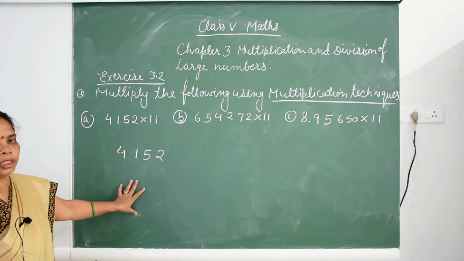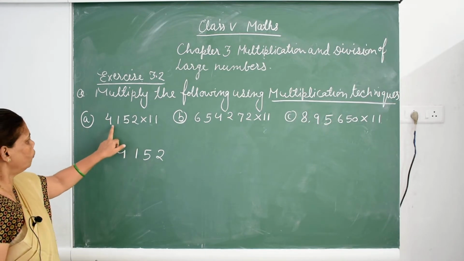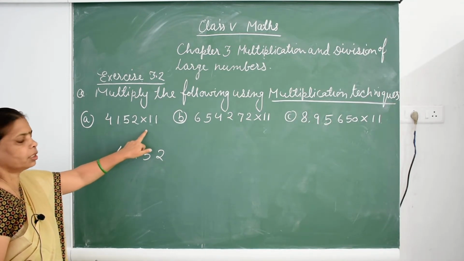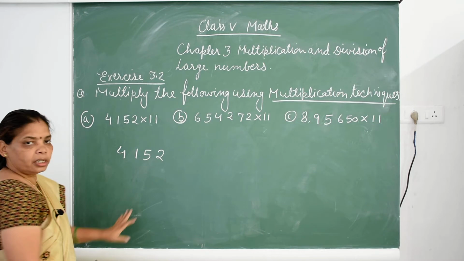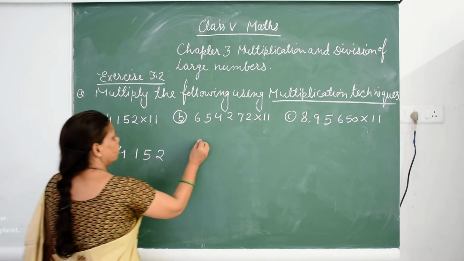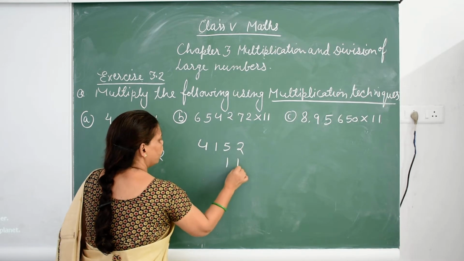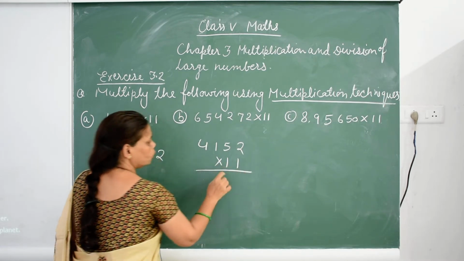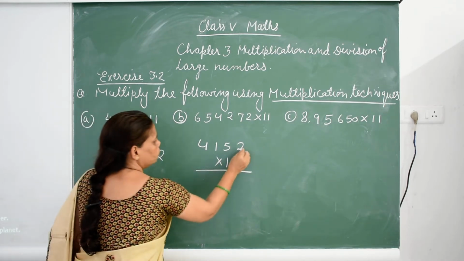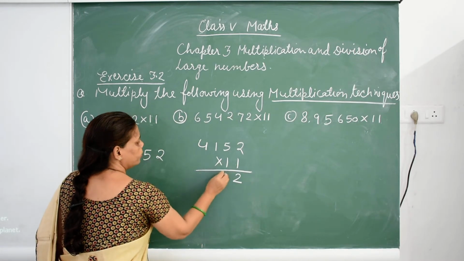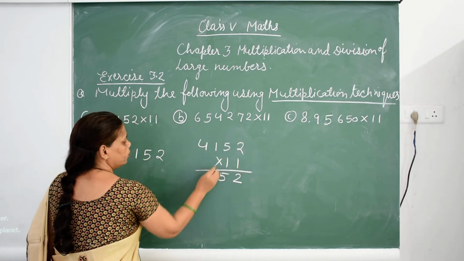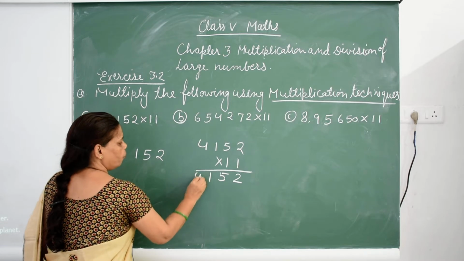Children, as you know, how do we multiply 4552 with 11? In the general way, how do you do it? 4552 multiplied by 11. So 1 2s are 2, 1 5s are 5, 1 5s are 5, 1 4s are 4.